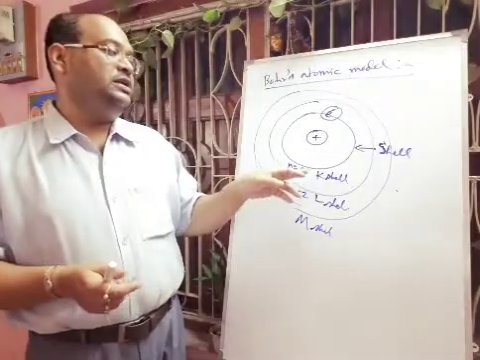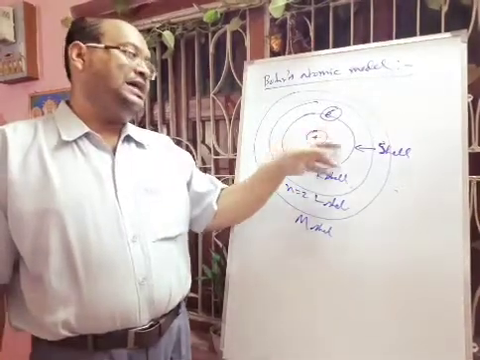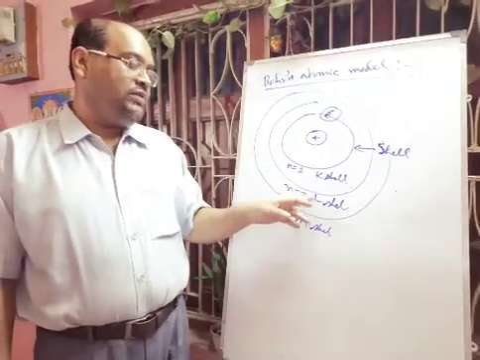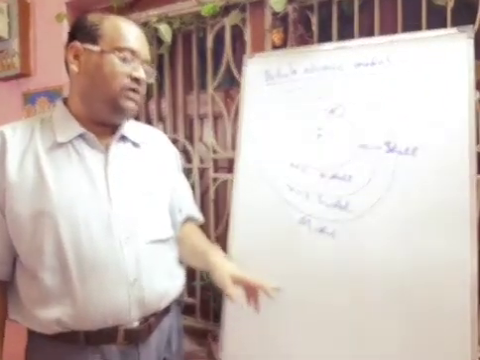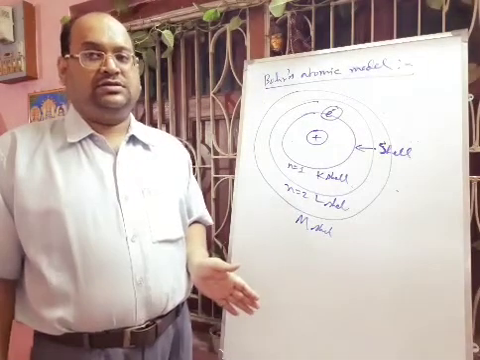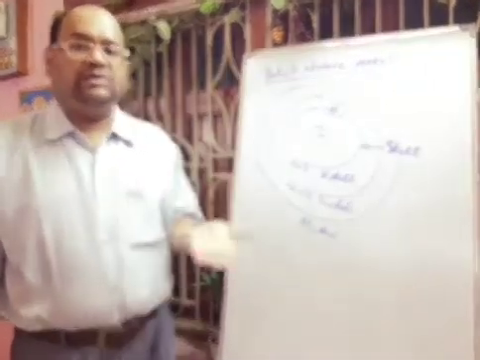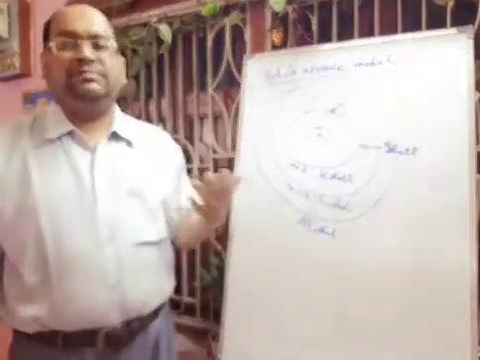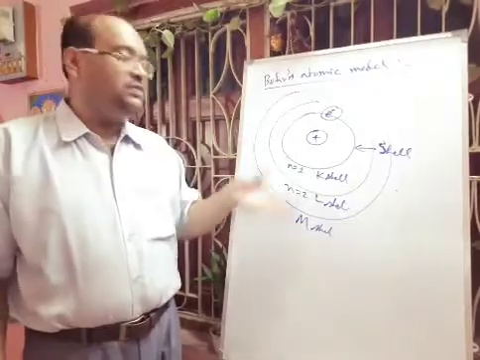So when you consider an electron in the K cell, its energy is minimum, and as you go to L, M, N, O, the energy will increase. And there is no change in the energy of an electron as long as it is revolving around its energy level.